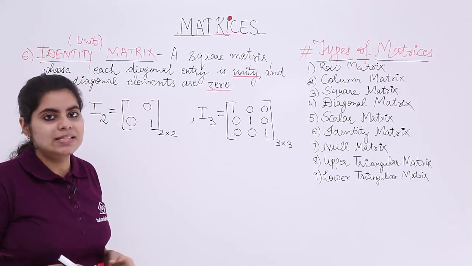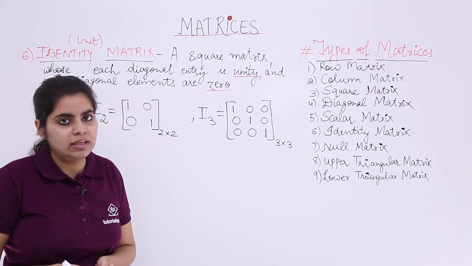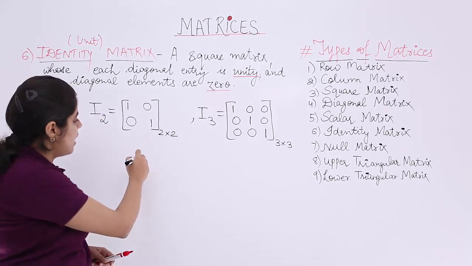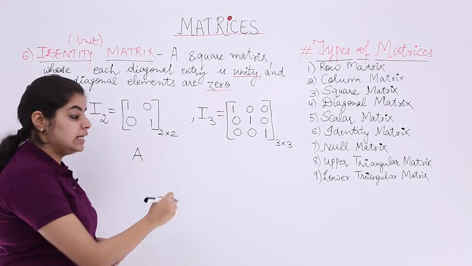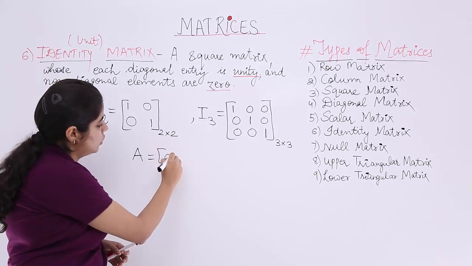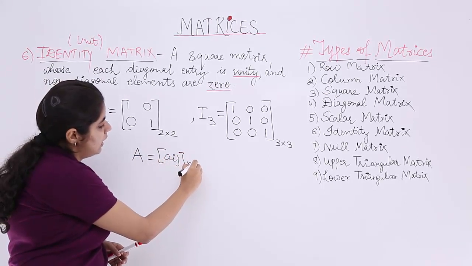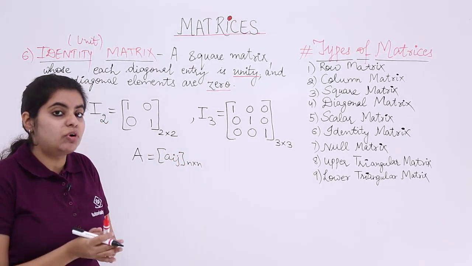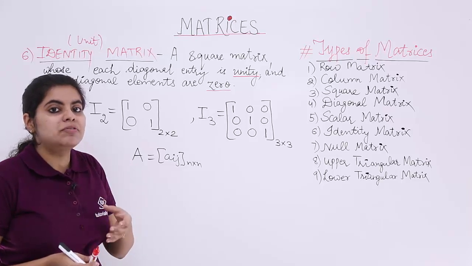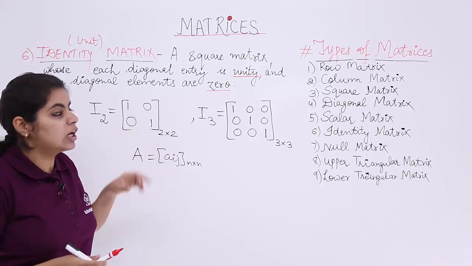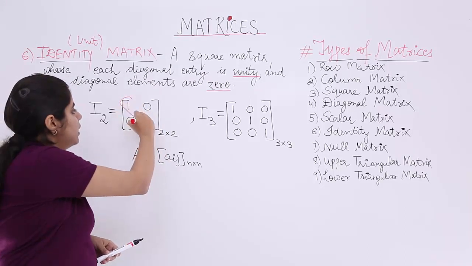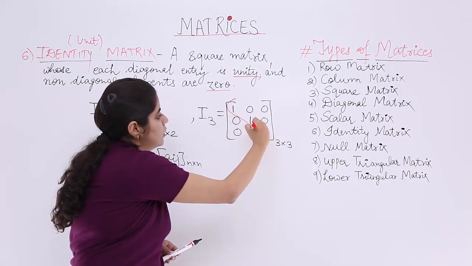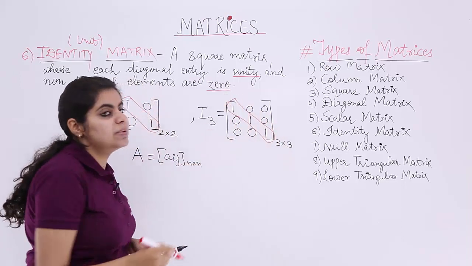By knowing these examples, you can now find out the mathematical representation. Let's write it. Suppose I have a matrix A, basically Aij, n by n, because it is a square matrix. What will be the definition? By the definition, whenever we talk about the diagonal, the elements have to be 1.